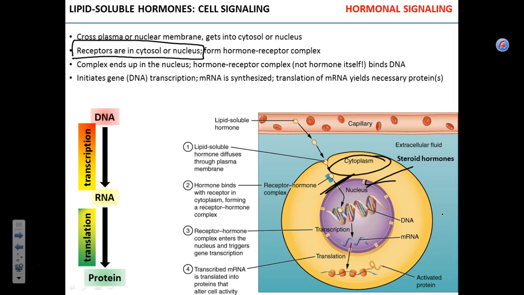Are we clear about it? The hormone interacts with the receptor and forms a complex. This complex inevitably ends up in the nucleus.